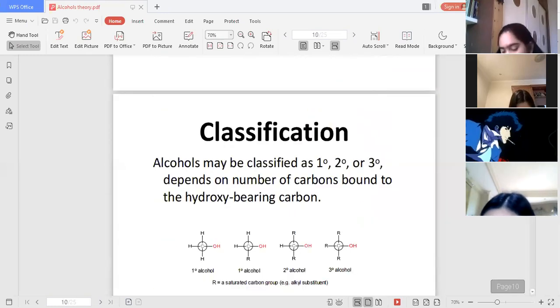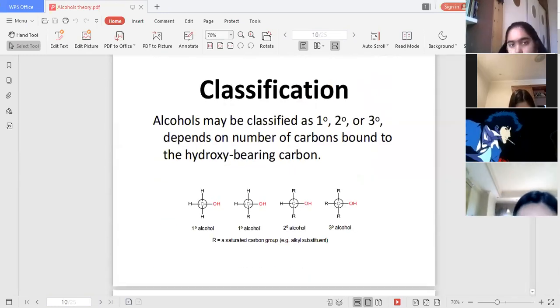Okay, and then next, classification. Alcohols may be classified as primary, secondary, or tertiary, depending on the carbons bound to the hydroxyl-bearing carbon. Just like I told you earlier, we have to see the number of alkyl groups attached to the carbon bearing the hydroxyl.